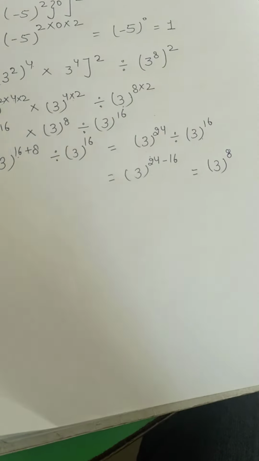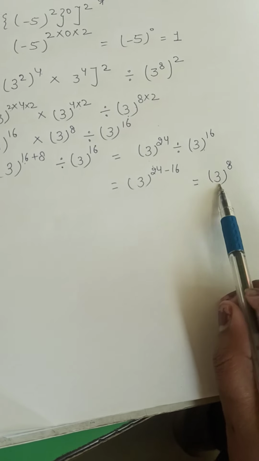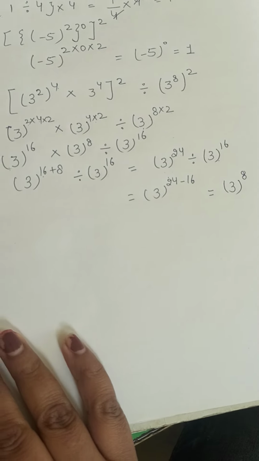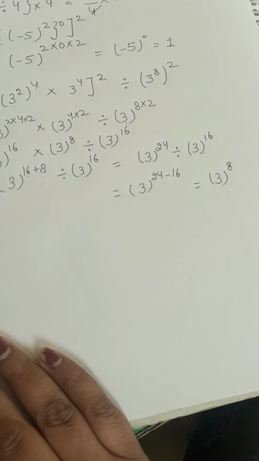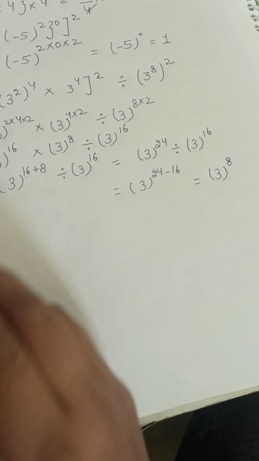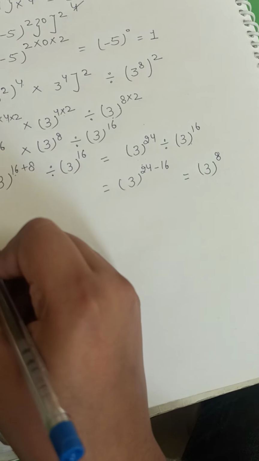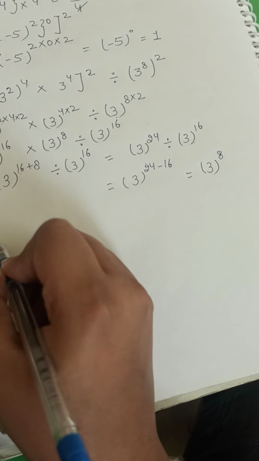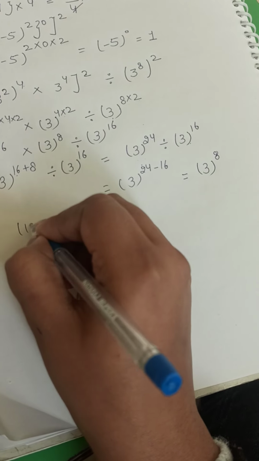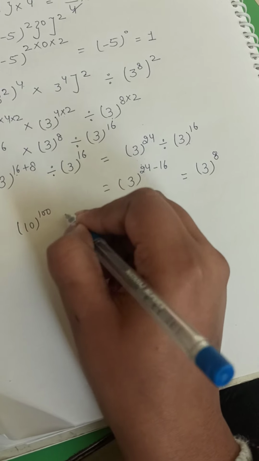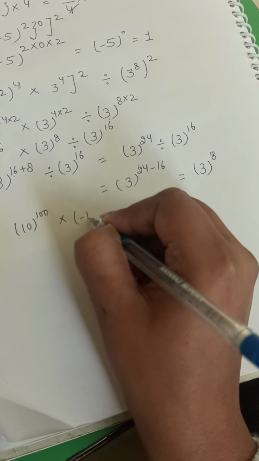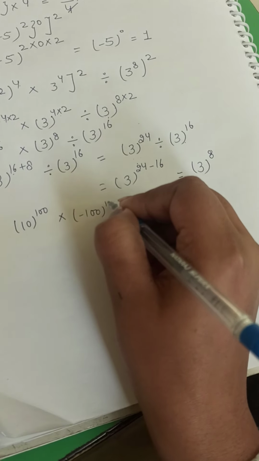Right? Clear? The answer is 3 to the power 8. After this, the next is K4. Find the value of 10 to the power 100 multiply minus 100 to the power 10.